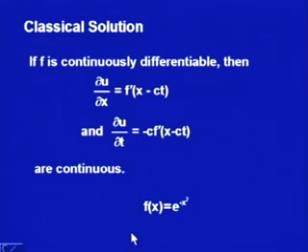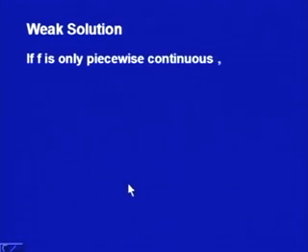Moreover, if you do remember, we had used one more function f. So, what we are saying is if f is only piecewise continuous, that is, its partial derivatives may not be continuous.